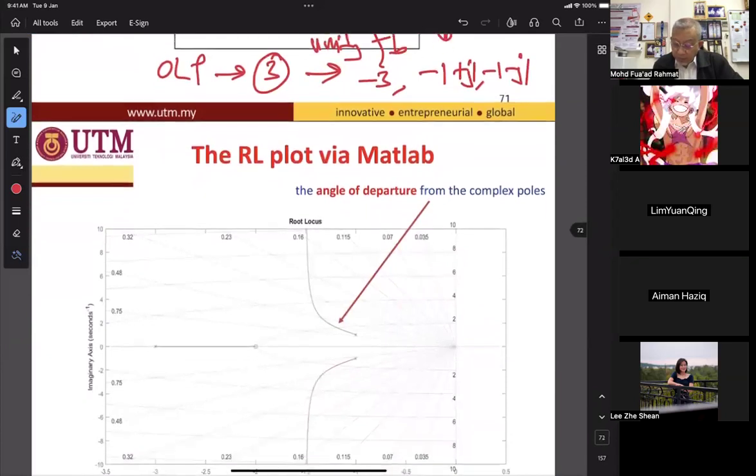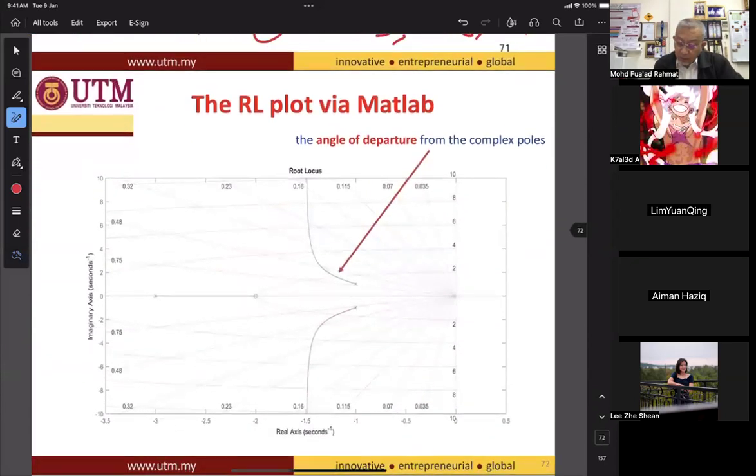Okay, guys, you plot. This is the given plot. This is -1 plus j1, and this is the zero at -2, and this is the pole at -3. Okay, -1 plus minus j1.